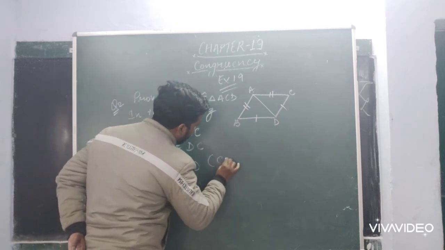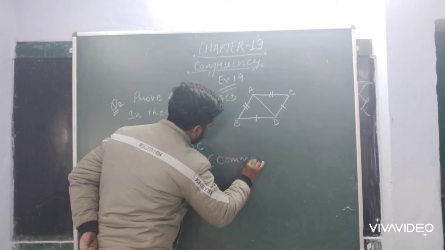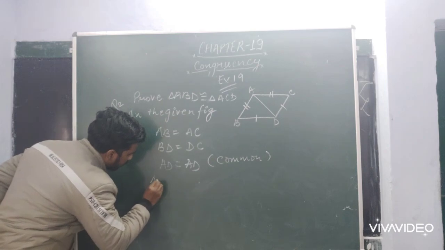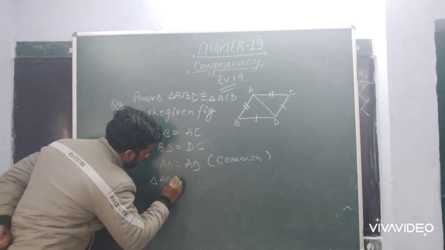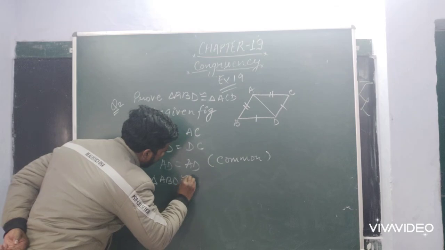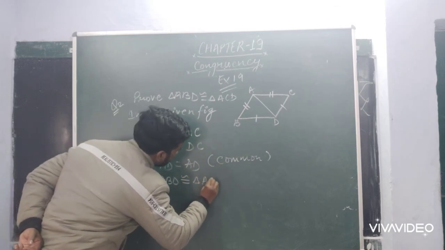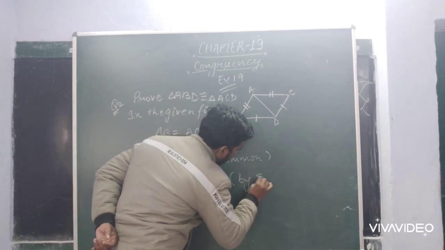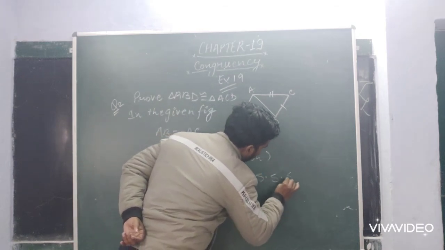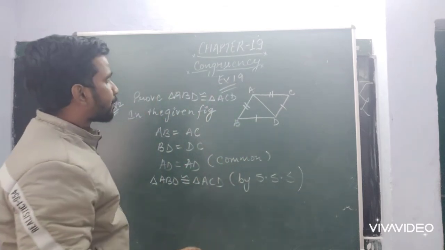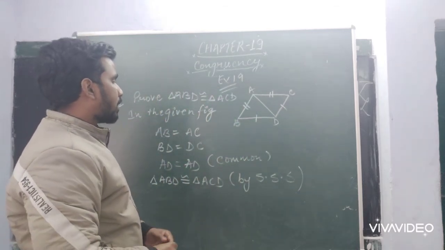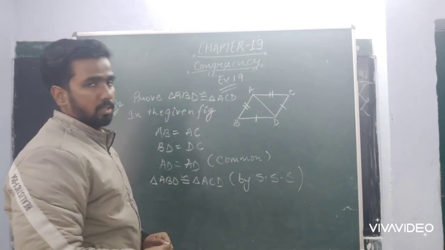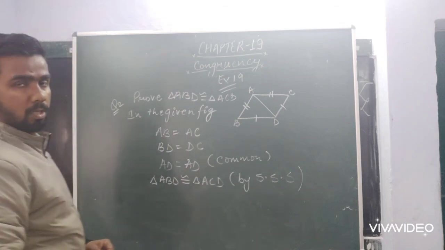Why? Because it is common. Okay, hence we can say that triangle ABD is congruent to triangle ACD by which condition? By side. Okay, by side, these two triangles are congruent to each other. Clear? Take a look.